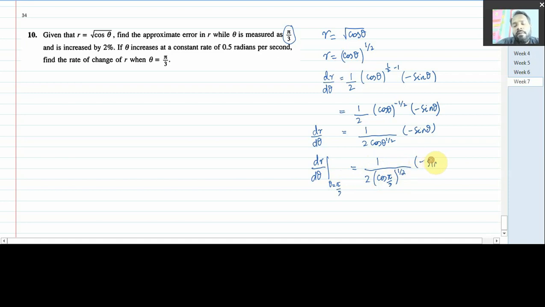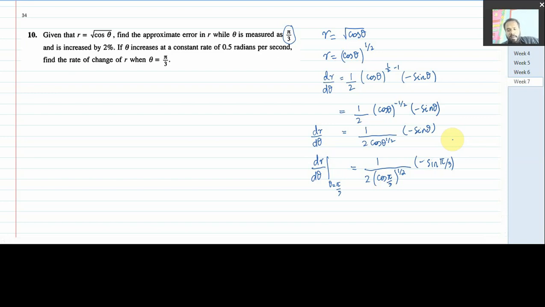Make sure that your calculators are in radian mode while you are solving these cos and sine functions. So take out your calculators and find the value of sine and cosine.